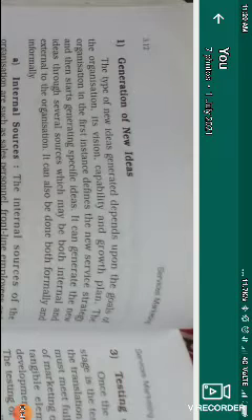Today we will discuss step by step what those steps are. The first one is what? Generation of new ideas.